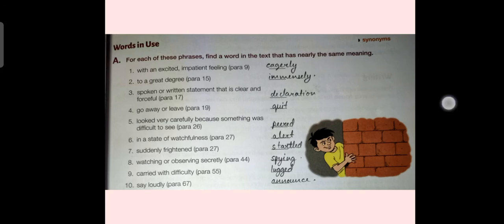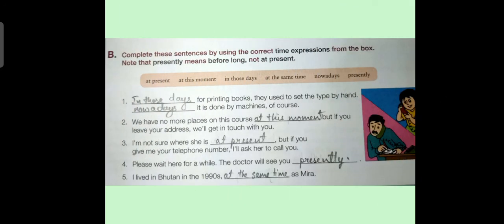Now we will do exercise B. Complete these sentences by using the correct time expression from the box. Note that presently means before long and not at present. Sentence number 1.